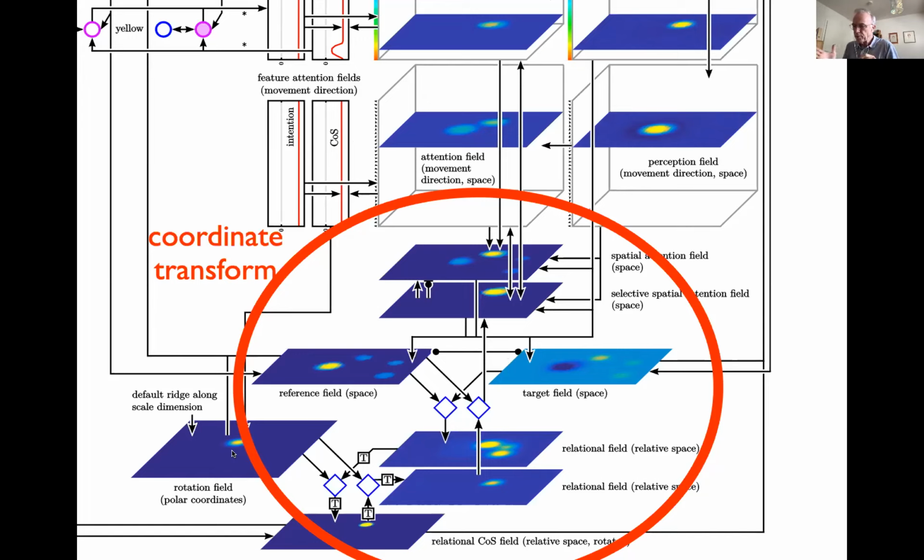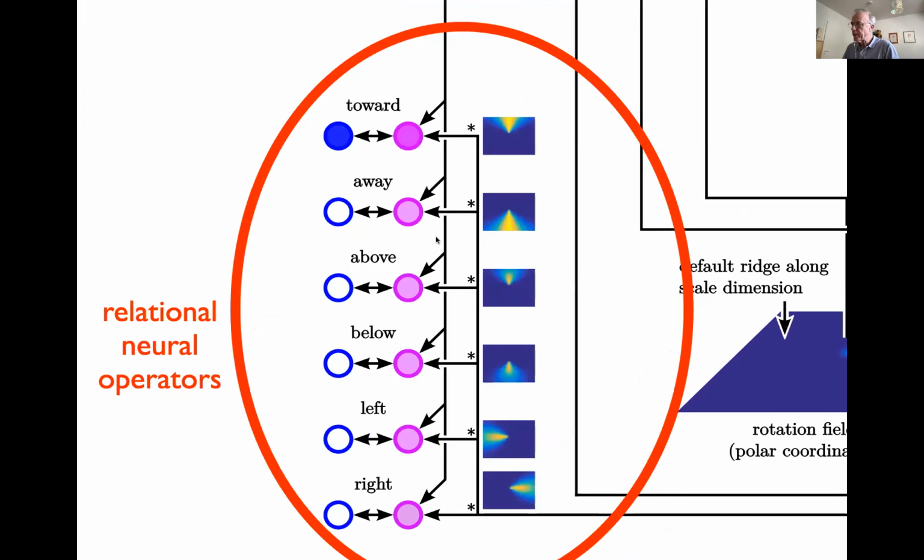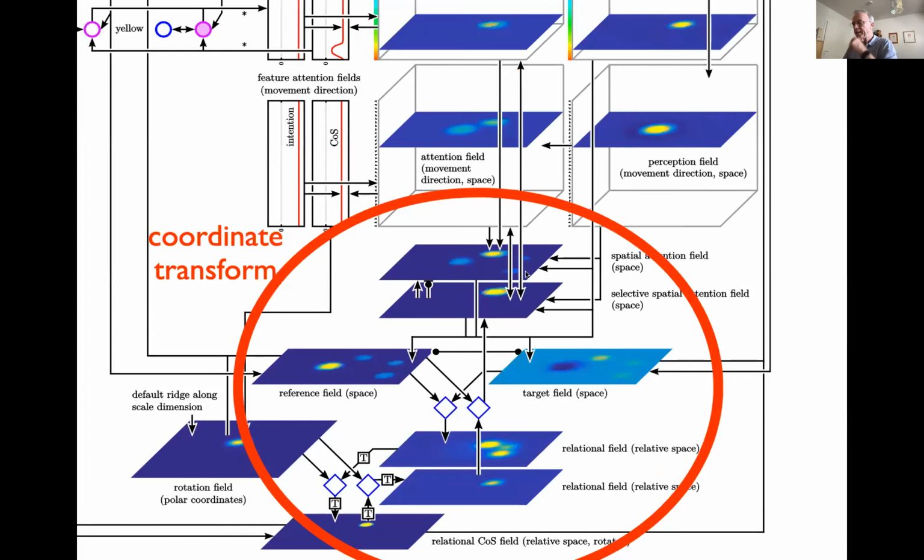And therefore, when you're centering the field such that the movement direction points in the vertical direction here, this kind of operator can capture toward, and this one can capture away, because it's centered such that the reference object is here on top or here on bottom. Yeah, those are the elements in here.